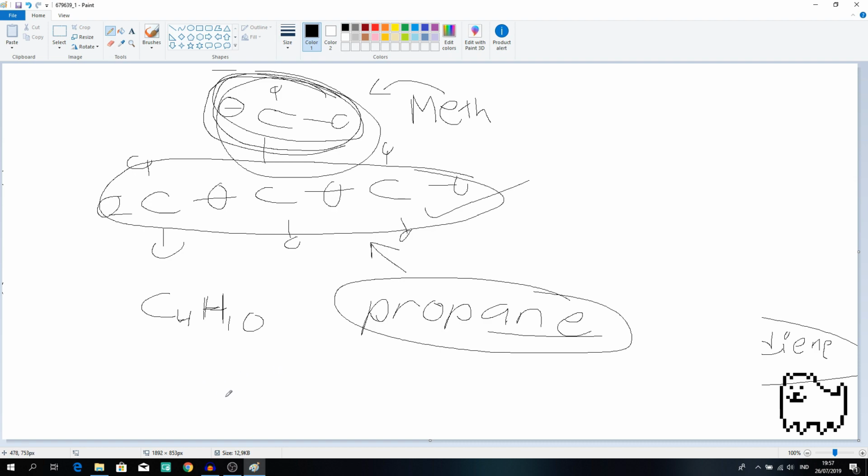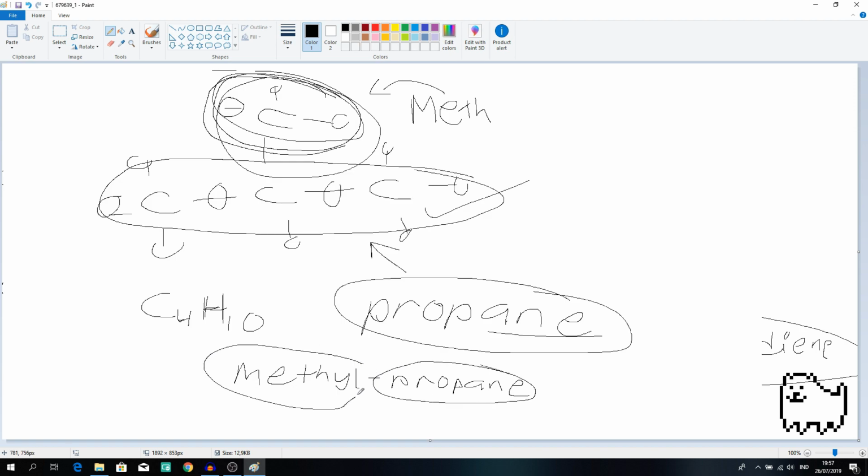So we call this methylpropane. This shows us that this propane is connected to 1 methyl group, and this is what the image shows. We have a propane here and a methyl here, and they're connected to each other. So the name basically acts in a similar way. Methylpropane, a propane with a methyl attached to it.